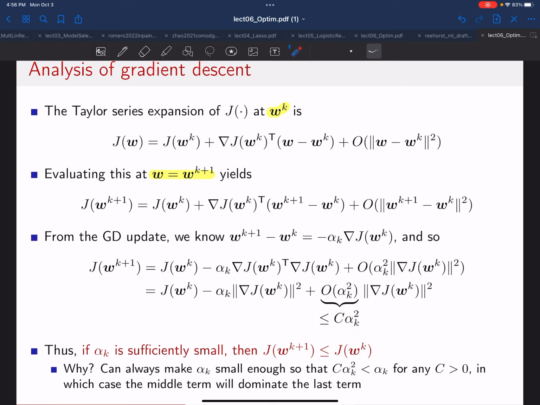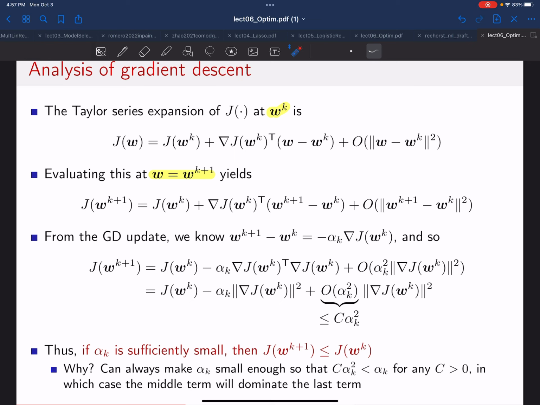When it's less than 1 and you square it, it's even smaller. So that's the idea. No matter what c is, you can always find a value of alpha k such that the magnitude of this is larger than the magnitude of this. So that's why we can say, if we make our step size sufficiently small, we will make progress in the sense that the new cost will be no larger than the old cost.